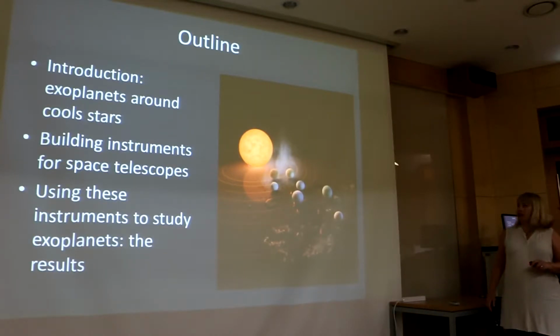This is an artist's drawing of Trappist I. You may have read about this in the news. This is a very small star with 7 small planets around it. The outer 3 possibly are in the habitable zone, and I will talk about that, meaning there could be water in the liquid form on those planets.